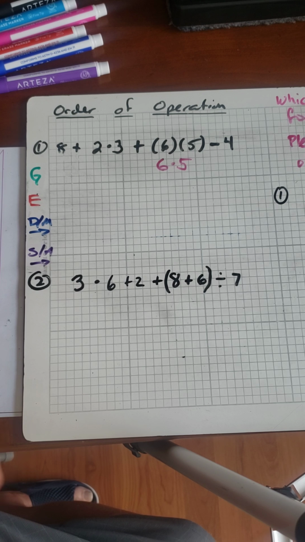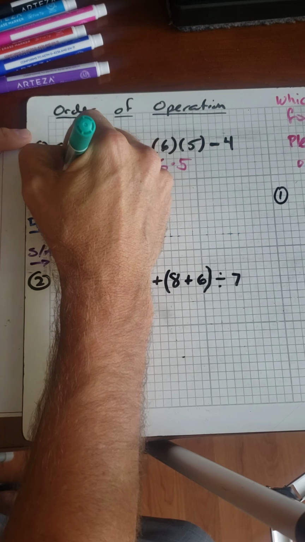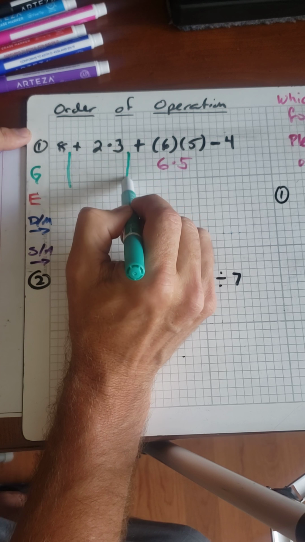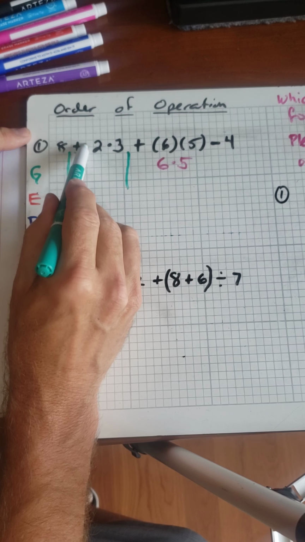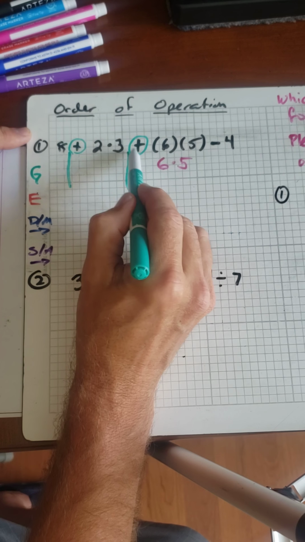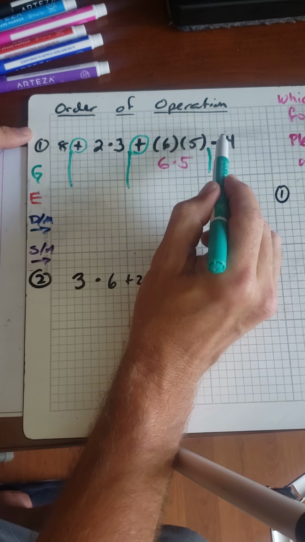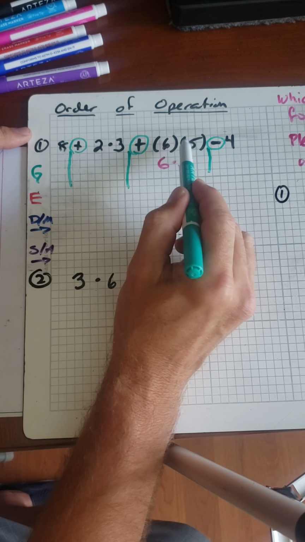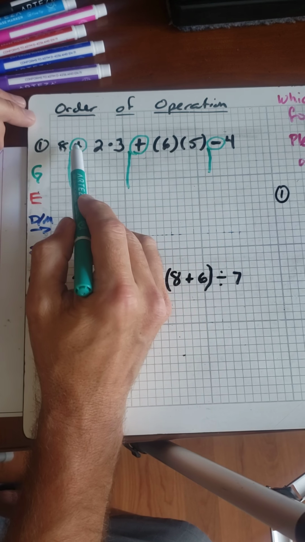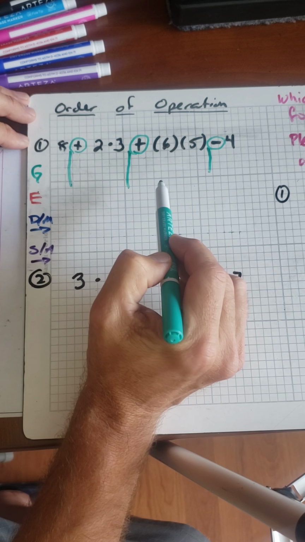My groups are located anywhere there is an addition or a subtraction sign in my main problem. So I see I have an addition sign here. That separates 2 groups. I have an addition sign here. That separates 2 groups. I have a subtraction sign here. That separates 2 groups. So anywhere I see addition or subtraction in my main problem, that separates my groups for sure.